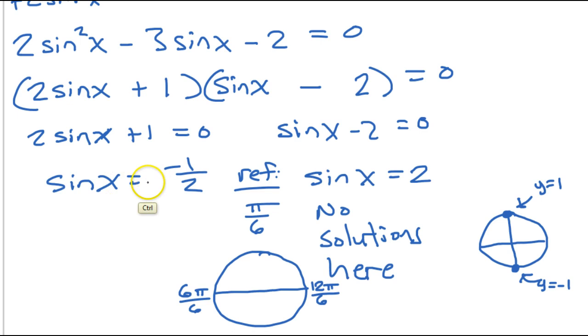Now, where is sine going to be negative? Sine is going to be negative in the third quadrant and in the fourth quadrant. All right, sine is a y value, so it's negative down below. So if this on the far left is 6 pi over 6, if I go one more, that's going to be 7 pi over 6.